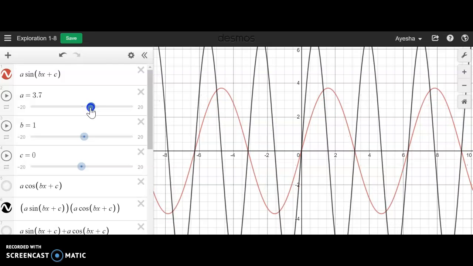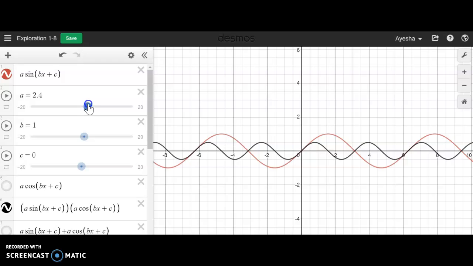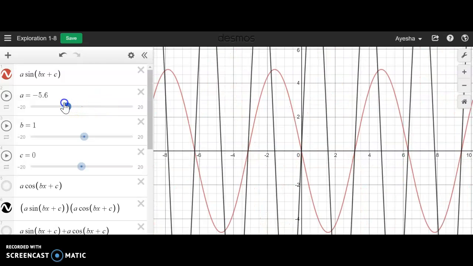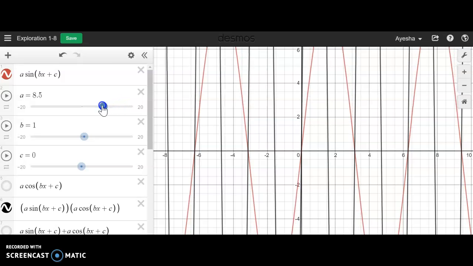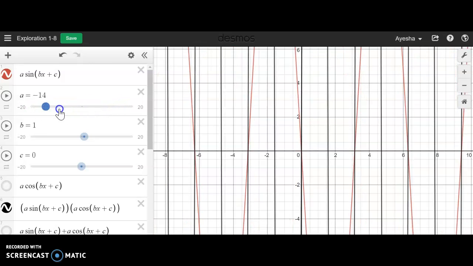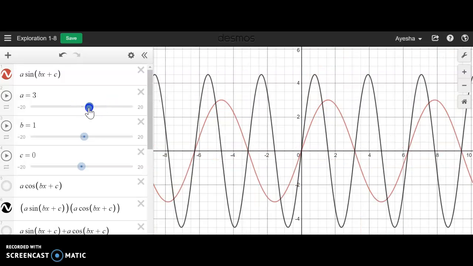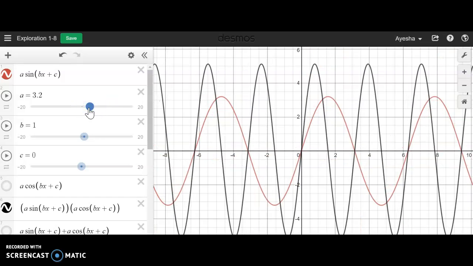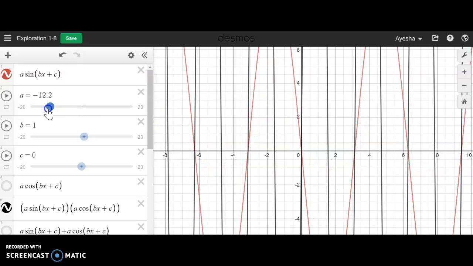the amplitude of h of x seems to be increasing at a faster rate than the amplitude of sine x. And as we observed before, these values seem to be operating on the absolute value. The amplitude seems to be the absolute value of the value of a.